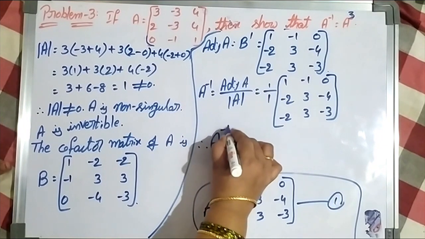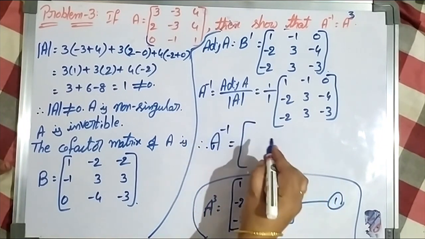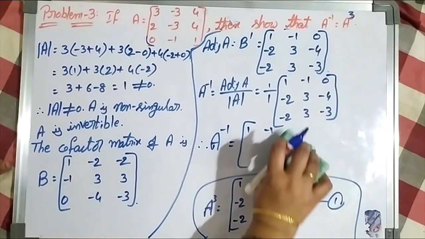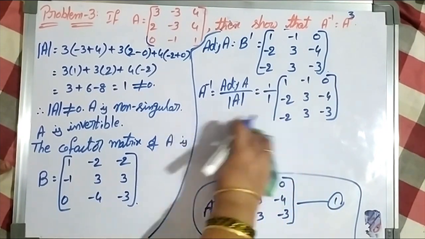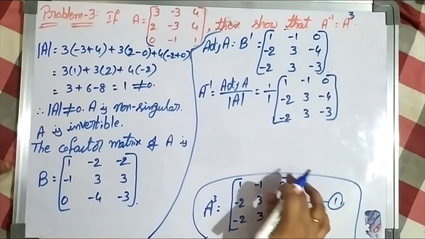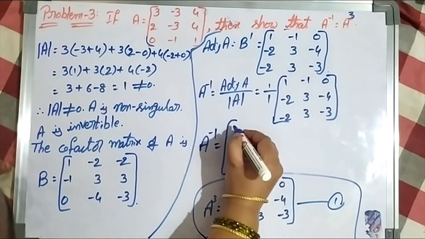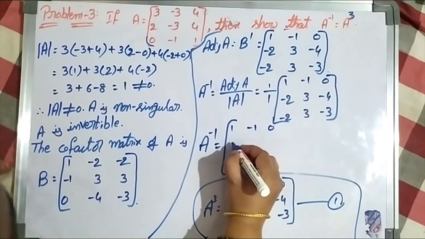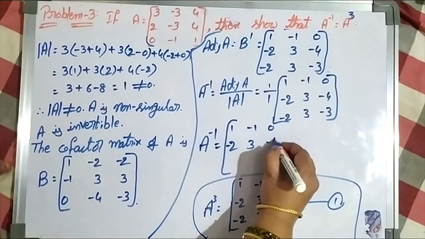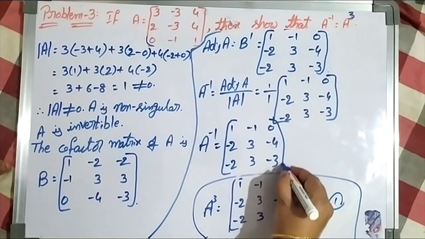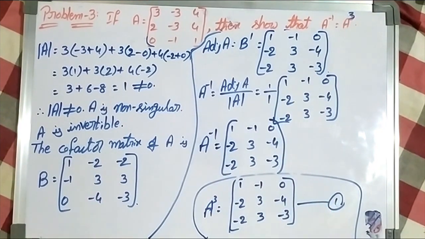Therefore, A inverse equal to 1, minus 1, 0, minus 2, 3, minus 4, minus 2, 3, minus 3. This is the inverse value.